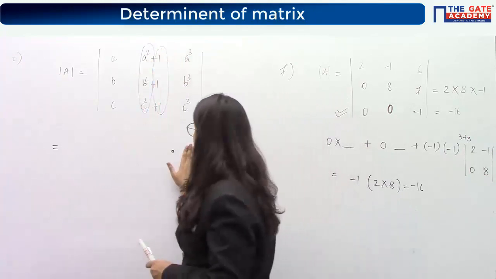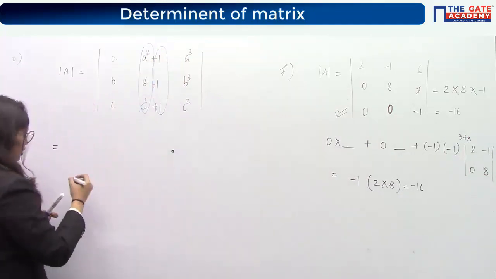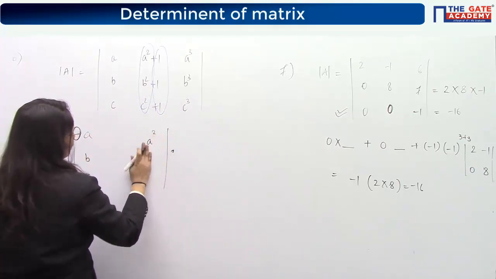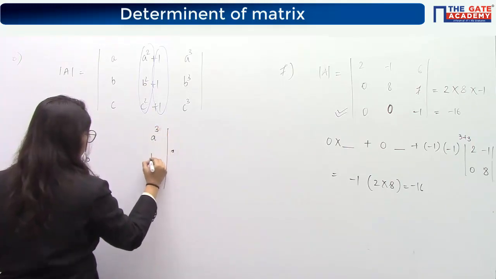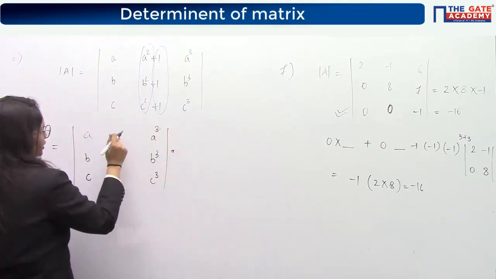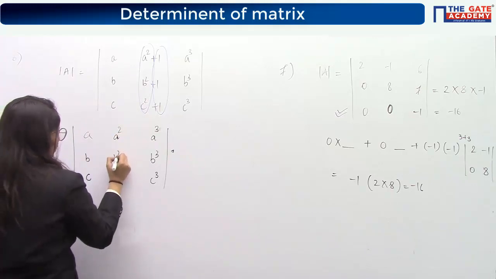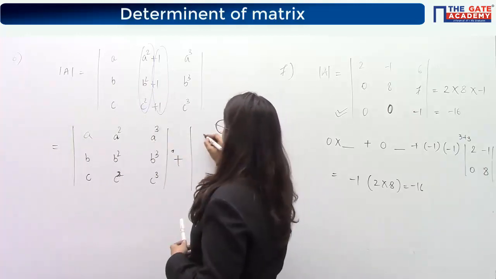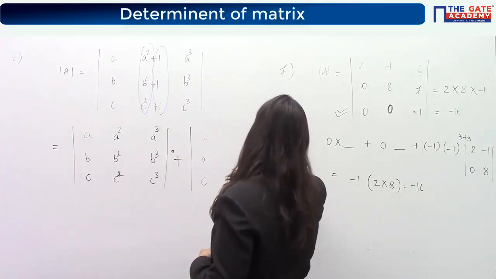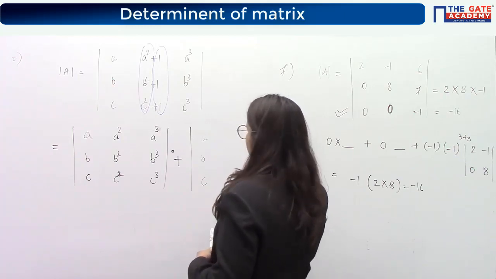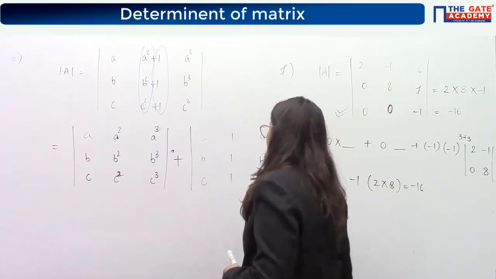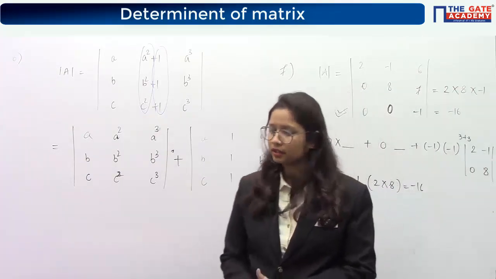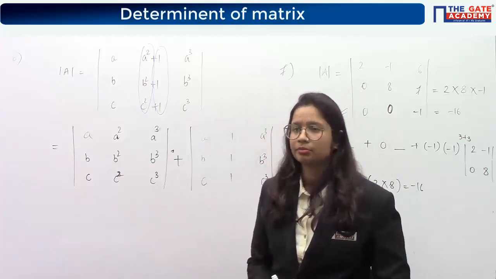Then you can split this matrix into two determinants like this: column 1 and column 3 as it is, but in the second column just take the first term, and add it with a second determinant in which column 1 and column 3 will remain as it is, and just take the second term. Okay, this is what it means by splitting the determinant into sum or difference of m terms like this.